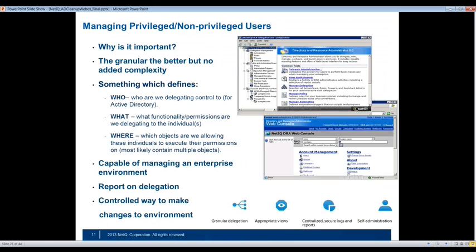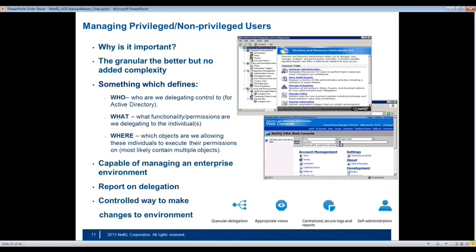So having looked at auditing and alerting, we can consider being more proactive with a delegation model. So we can start to say that the help desk guys who are currently domain admins have far more rights than are appropriate to their role.